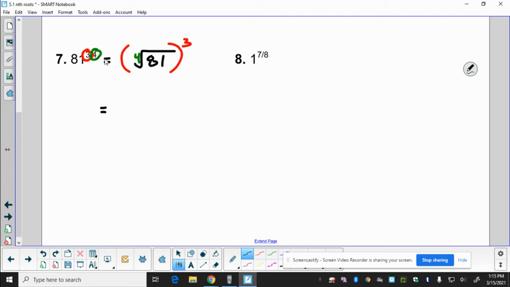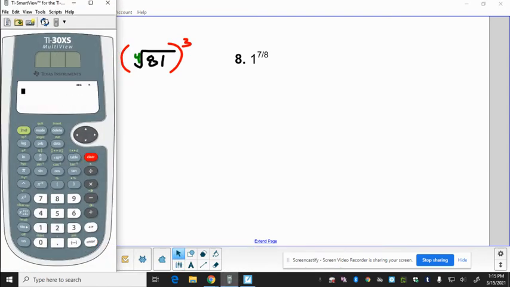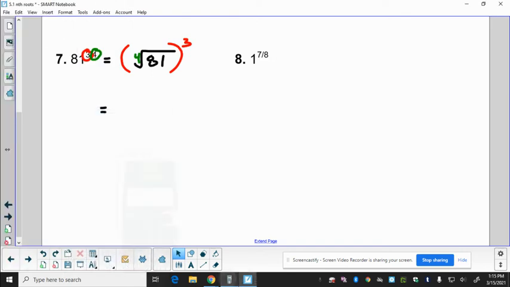If you need a calculator for that, bring up your calculator and find out what's the 4th root of 81. I'll show you. So I'm going to do the 4th root of 81. All right, it's 3. But this is still being raised to the 3rd power. So that's going to be 3 times 3 is 9 times 3 is 27.